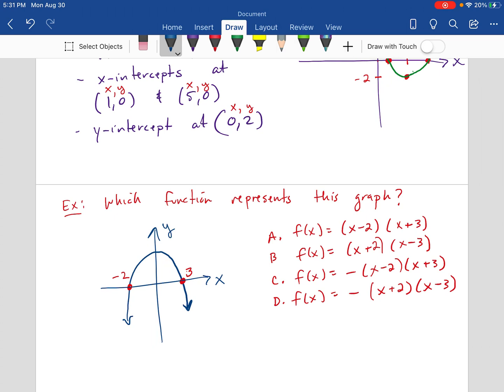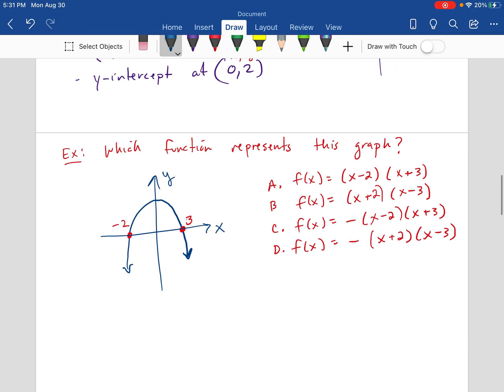So the first thing we're going to look at is what direction it's going. It is concave down, right? Because it is going down, which means that your A term is negative.